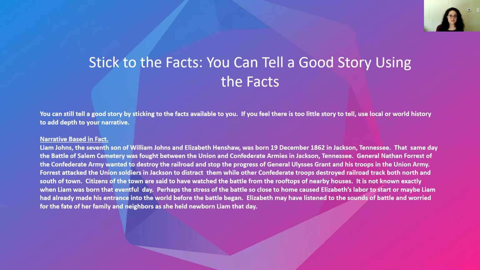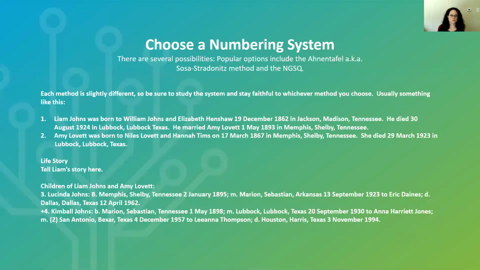So you can still tell a good story by sticking to the facts, and then make sure that you cite the facts. You need to cite the fact, where did you get the information that Liam was born this day in this place? And also, when you have gone to local or world histories to gain additional information, be able to cite the source that you used to get this information.